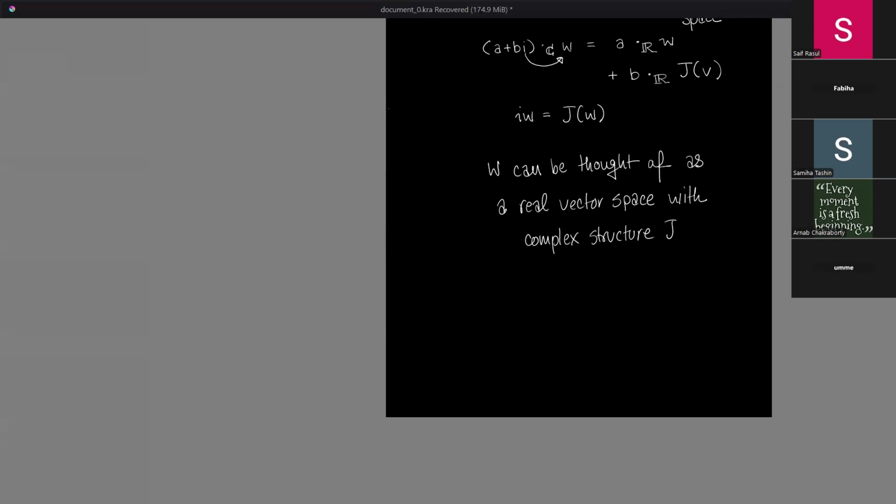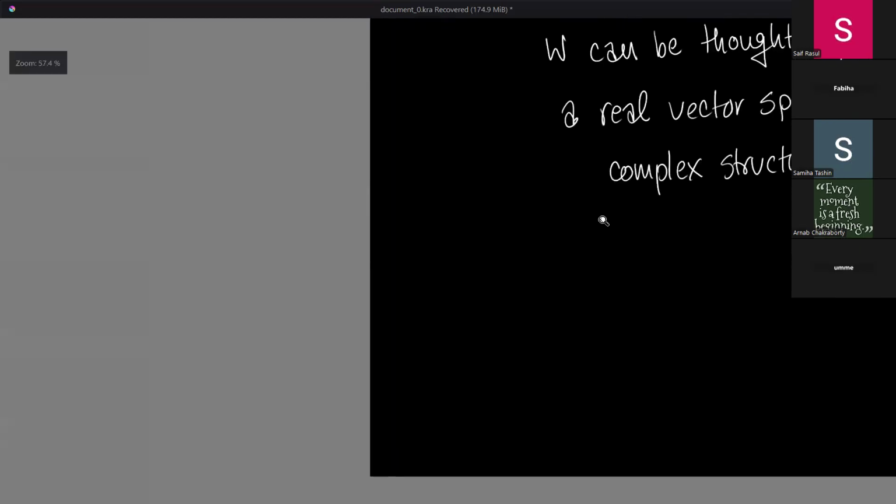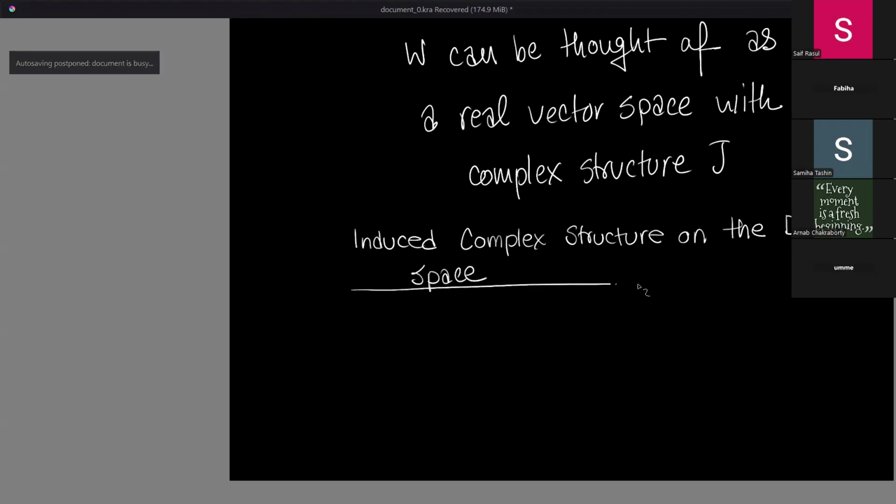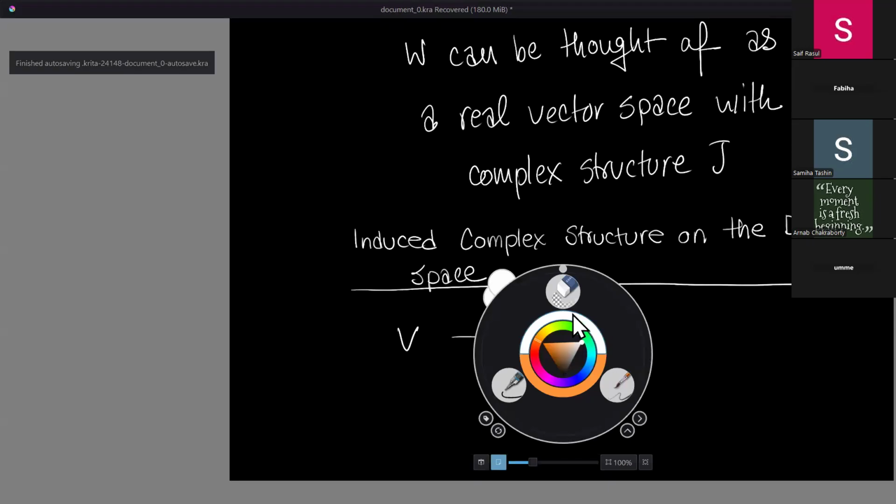So, but let's start. The first result that we have that's interesting is that we have an induced complex structure on the dual space. And we can see that, right, if we have a vector space V and we have its dual vector space V star, I'm going to actually remove the arrow.